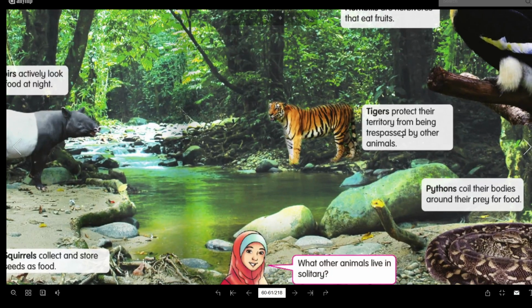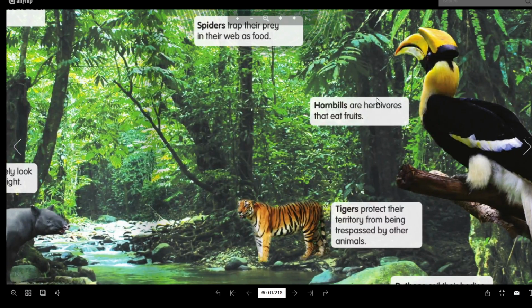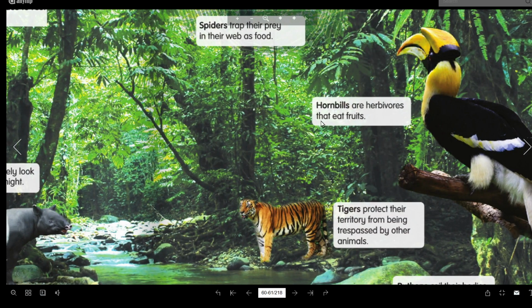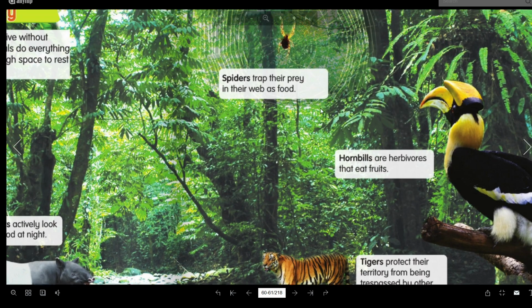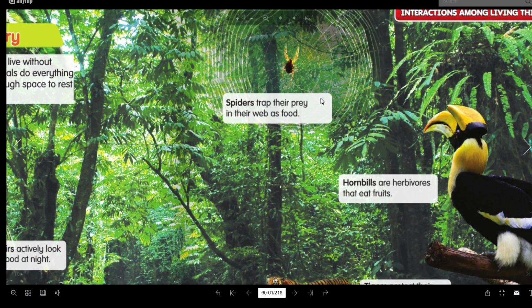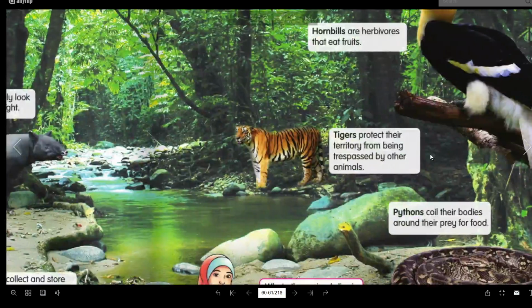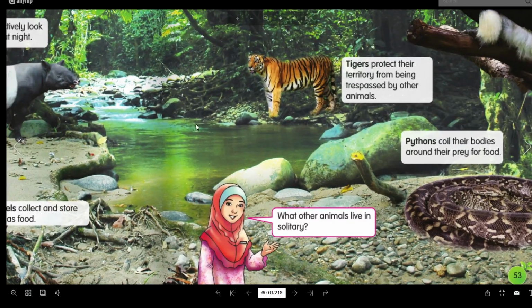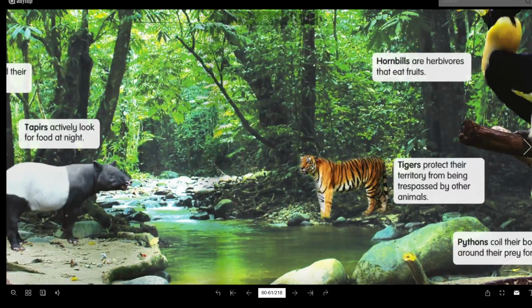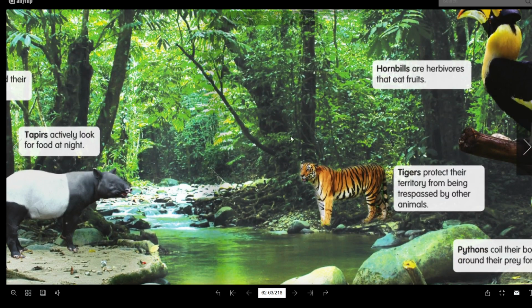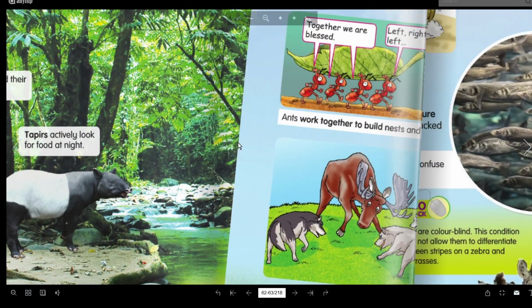Tigers protect their territory from being attacked by other animals. Hornbills are herbivores, so they eat plant food. Spiders trap their prey in their web as food, right? So basically, all these are interacting with each other, living together, right?